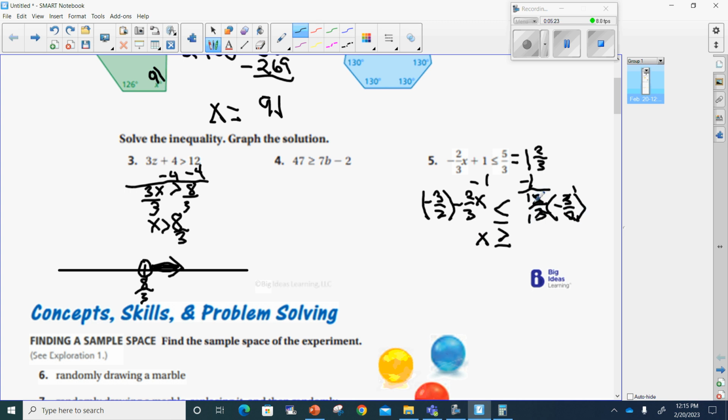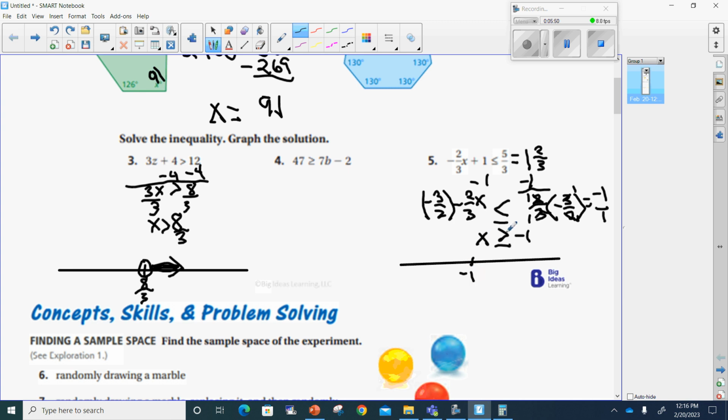And now I've got 1 times negative 1, that equals negative 1. And 1 times 1, that equals 1. Negative 1 divided by 1 is negative 1. So x is greater than or equal to negative 1. When I graph this, I'm going to put my line here stating this is negative 1.